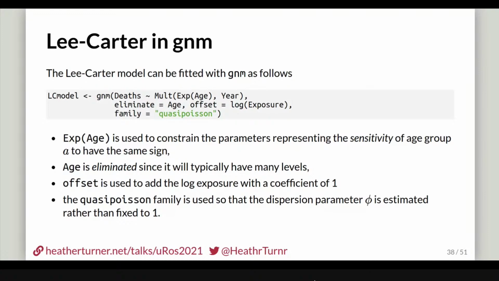So you end up with an equivalent model, but it will be quicker and more efficient. The log exposure term is specified by an offset because that's got a fixed coefficient of 1. And as I mentioned, we're using quasi-Poisson here rather than the Poisson family.